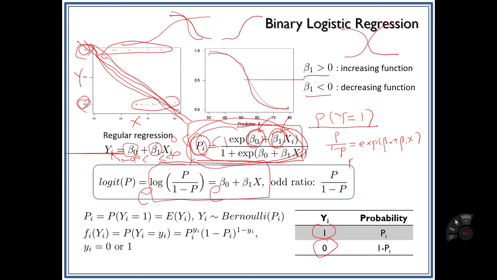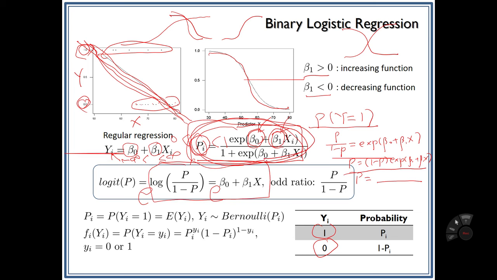Then p equals 1 minus p times exponential of beta 0 plus beta 1 x, right? So rearrange this equation with respect to p. Just place p on the left-hand side and the other things on the right-hand side, and you're gonna get this formula.